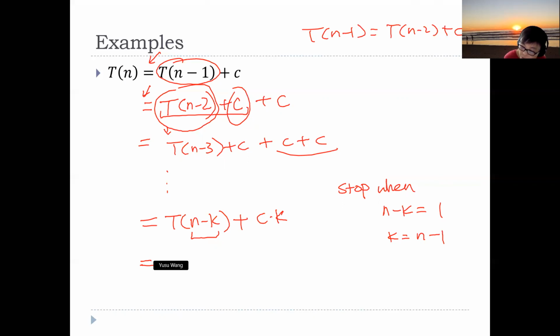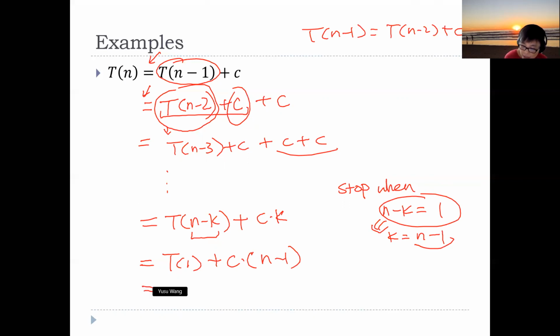Inside this becomes 1, that's T of 1, plus c times k. This means k is n minus 1, so this is another constant plus c times n minus 1. So a constant plus a constant times n minus 1, the dominating term is this linear term. So we have the solution for this.